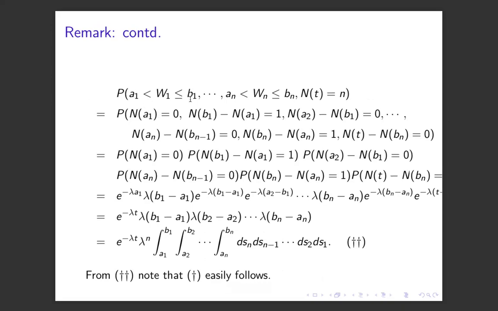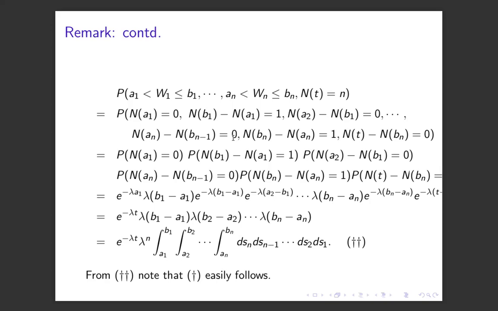So this event is the same thing as N(A1) equal to 0, and the first arrival is between A1 and B1, so N(B1) minus N(A1), the number of arrivals in the interval (A1, B1], is exactly 1. And from B1 to A2 there is again no arrival, and so on.